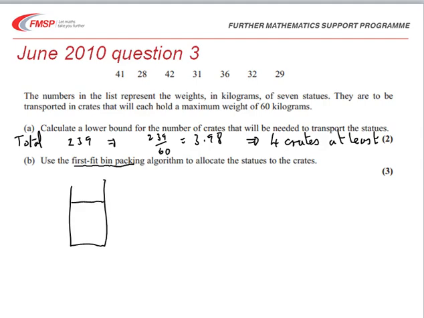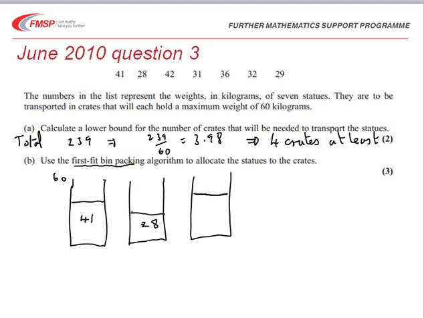So in the first bin we're putting in 41, and then because we've got a maximum here of 60, obviously the next one of 28 won't fit in that bin, so it goes into a second bin. Likewise 42 won't fit into either of the first two, so we need another one for that, so 42 comes into here.